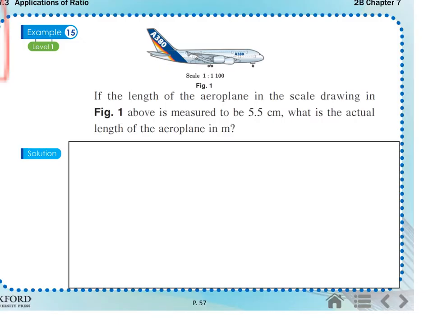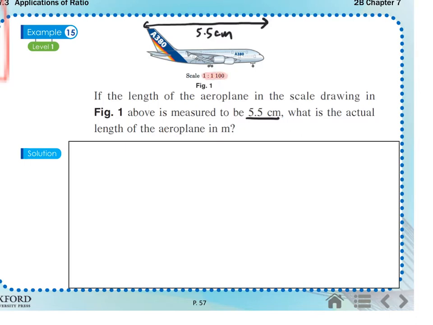Okay, let's look at example 15. The length of this scale is measured to be 5.5 cm. So this one, the length is 5.5 cm. And then what's the actual length of the airplane in meter? So the keyword is this one.